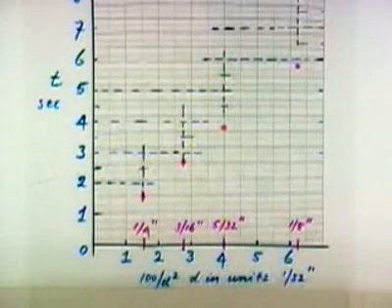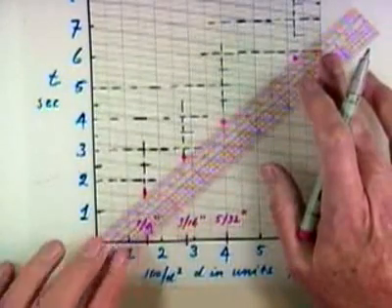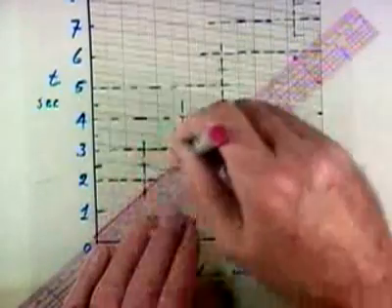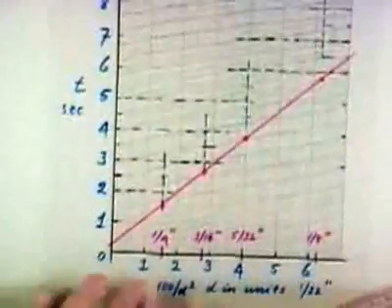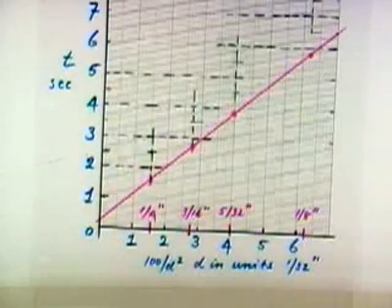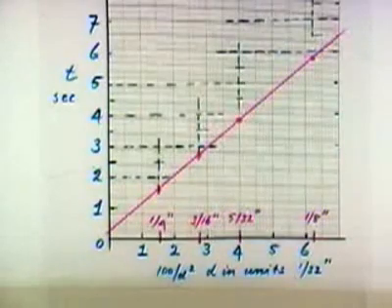All right, there we go. Now, is this a straight line or is it not? A gorgeous straight line. And so you see you are really working here in the regime where the terminal velocity is proportional to the radius squared.